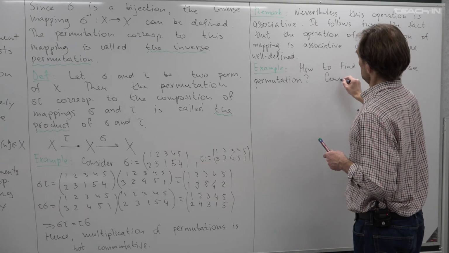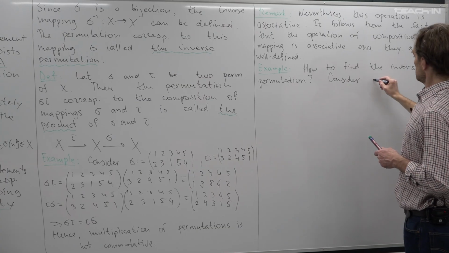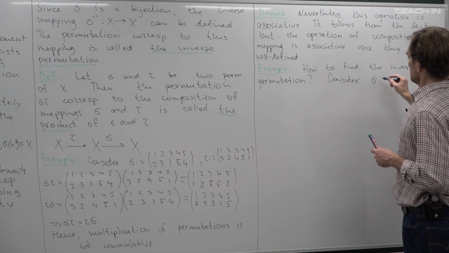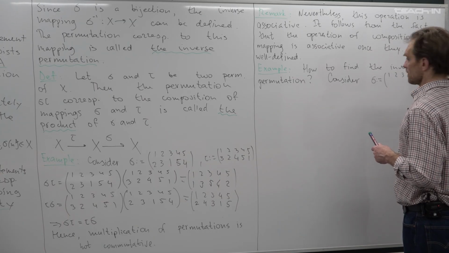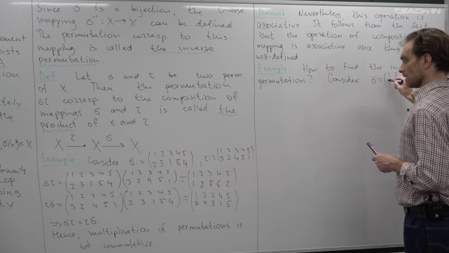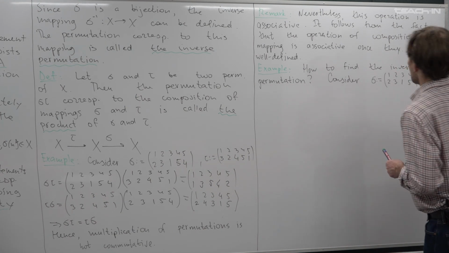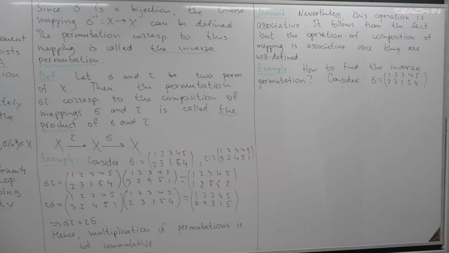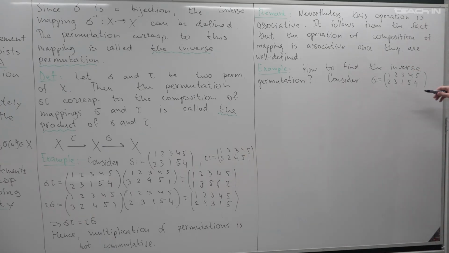Okay, so consider some permutation. Okay, so I will take sigma, which would be 1, 2, 3, 4, 5. Okay, so I'll take a permutation from the previous example. And what is the inverse permutation? So we just need to swap these two rows.